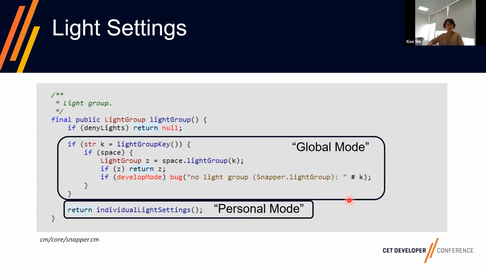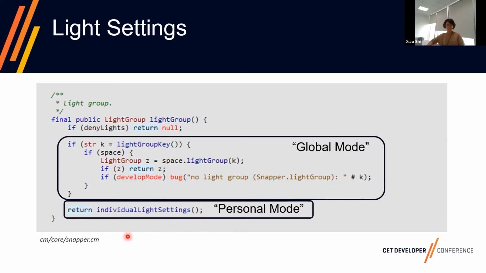And this chunk, it will try to search for the global mode light group. If it can get a light group key, which is a key pointer, it uses that key to search inside the space and try to get the global mode light group. If it's found, then just return that. If not, you will fall into the personal mode group, which is controlled here, called individual light settings.